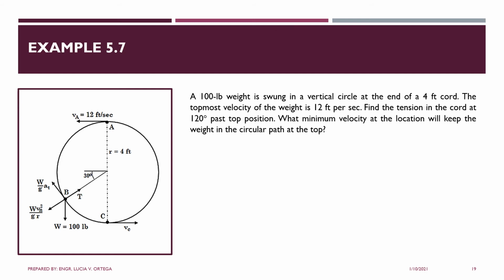Tangent to this is the mass times the tangential acceleration. And normal to this is the centripetal force, W V sub B squared over gR. And this would be the tension in the cord. The tension in the cord is always acting normal to the weight.